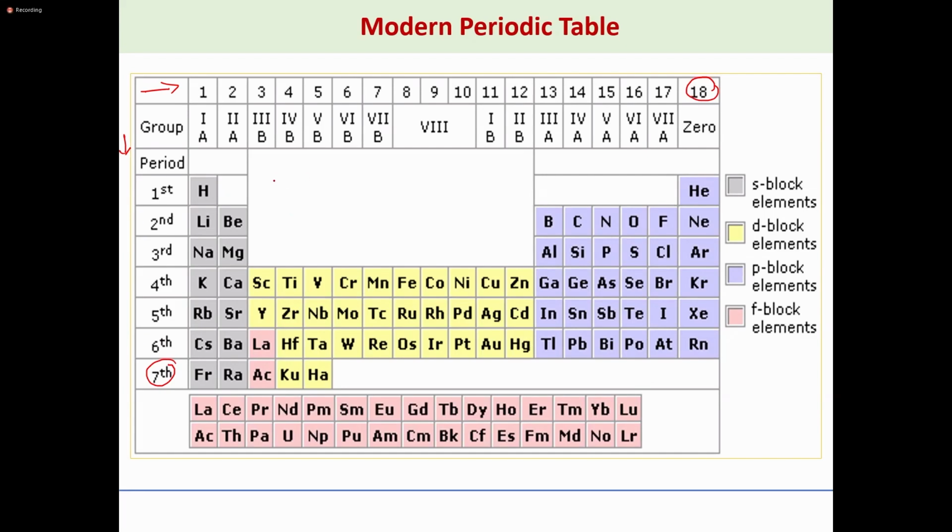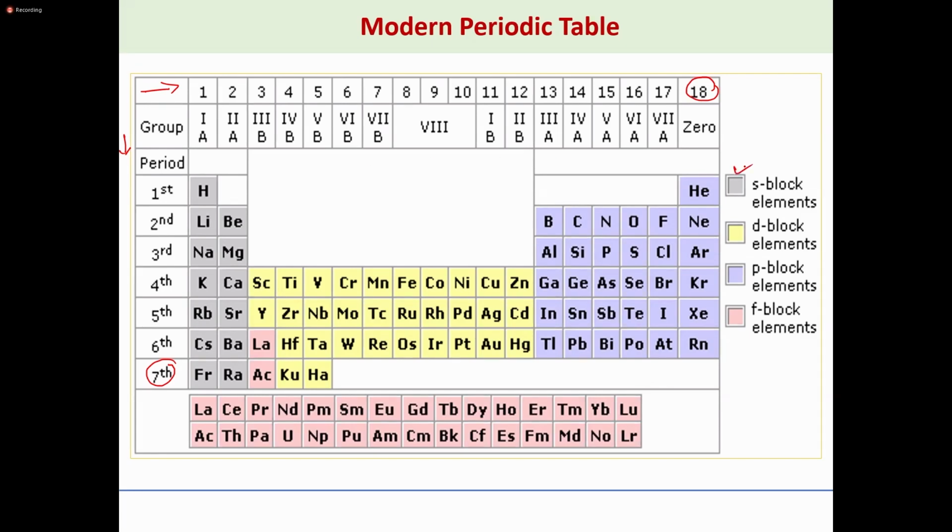Among these, in the modern periodic table, you can see there are four blocks of elements present. That means whatever elements are there are classified into four blocks.